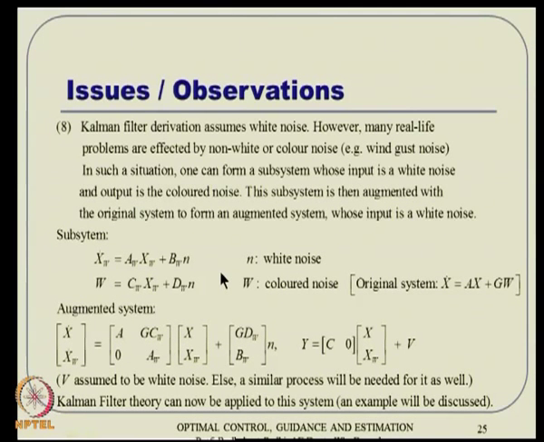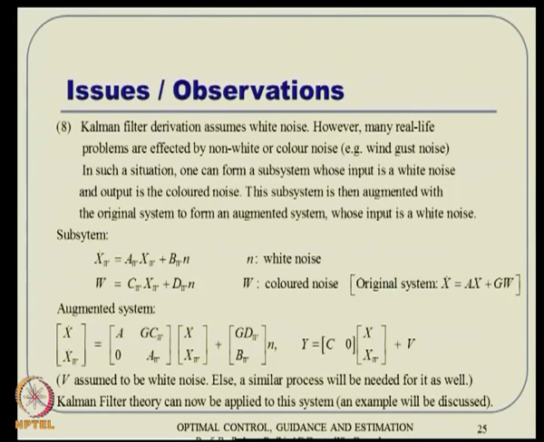I showed an example already before. Initially, you have a transfer function, or some sort of a small state space model, for which you take the input as white noise and the output as the actual colored noise that you are expecting.